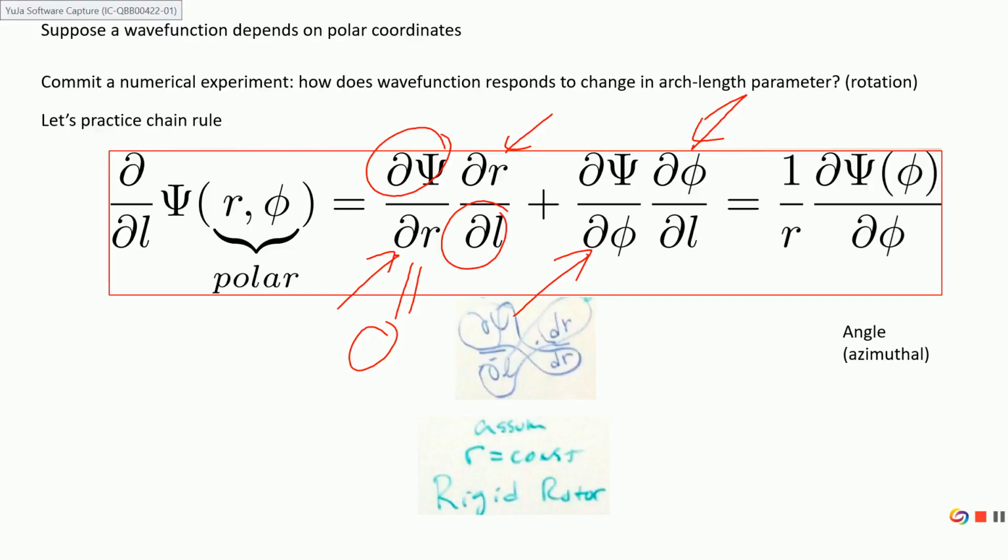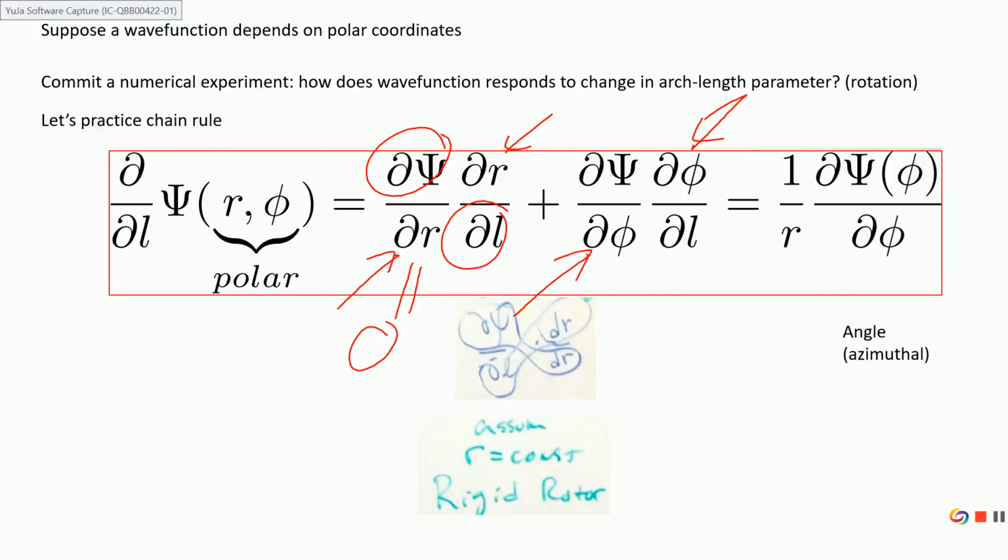Now let's do an approximation for a time, not forever, that we forbid our electron to depart from the orbit, that it will stay at a certain distance. This is not quite correct, but it is legitimate for getting the concepts, because otherwise you will just bury it under mathematical detail.